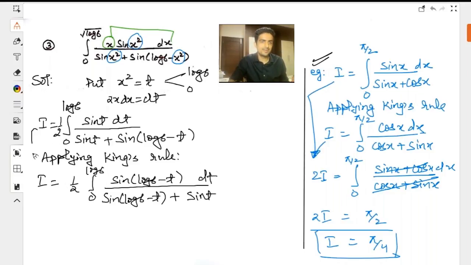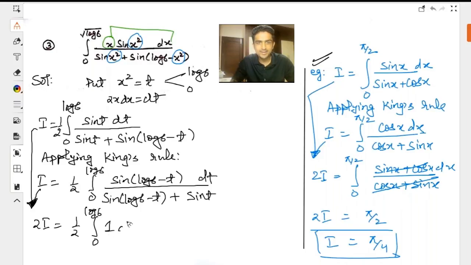Now obviously we will do the addition part, and this addition is going to do wonders for me. Half comes out. I'm just expecting that you can easily see that inside I'm going to get 1. Yes, they will cancel out, like here they cancelled out. So it will become 1 dt.